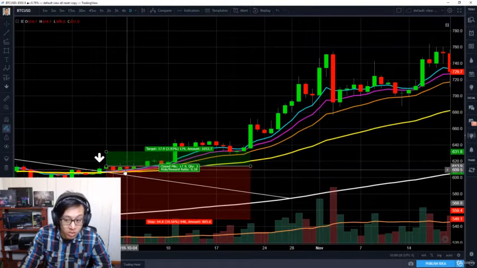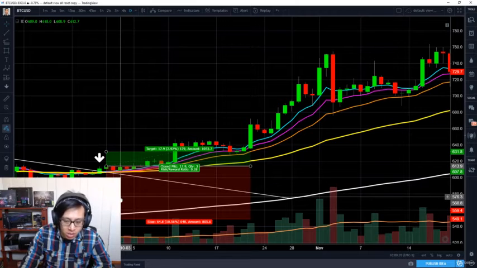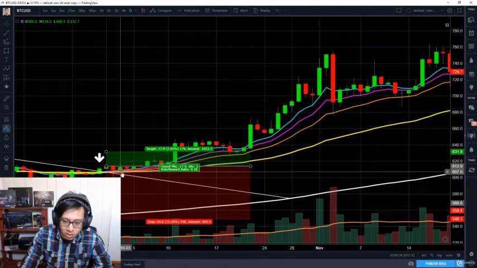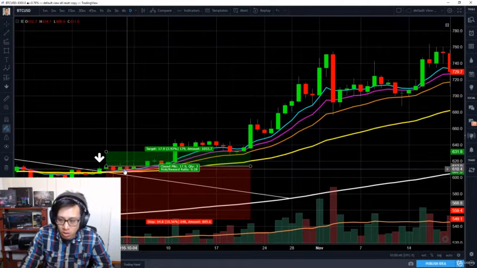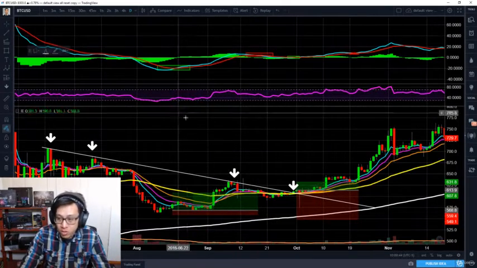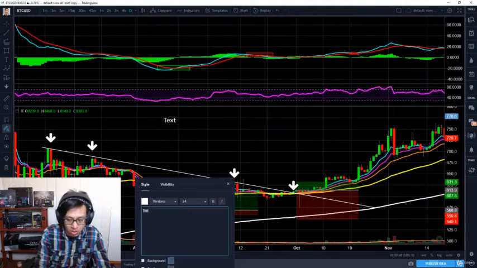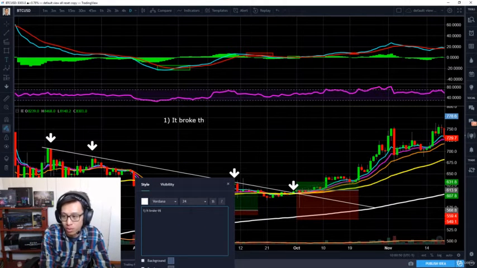And because we saw rejection to the downside, psychologically it means the bulls have won. The bears attempted to push down the market to take profit, but the bulls successfully defended this particular price range, hence a long wick. So the 3 reasons to have entered this trade are, first of all, it broke the sloped resistance.